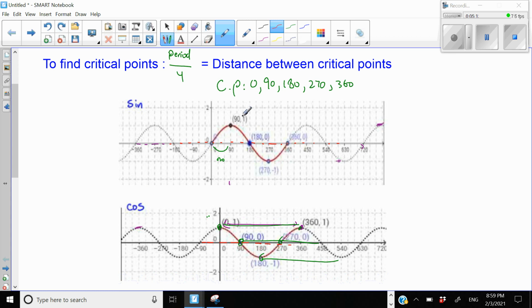Now, amplitude is the vertical distance between the highest point and the sinusoidal axis, or this distance between the lowest point and the sinusoidal axis. The same is here, here, and here. So these are all the same, and they are equal to amplitude of the function.